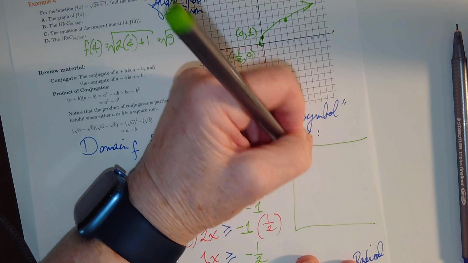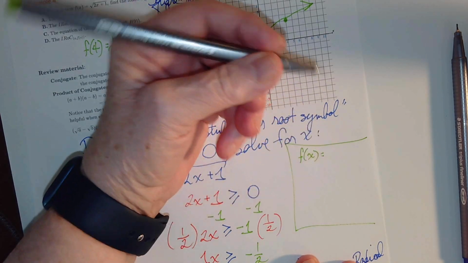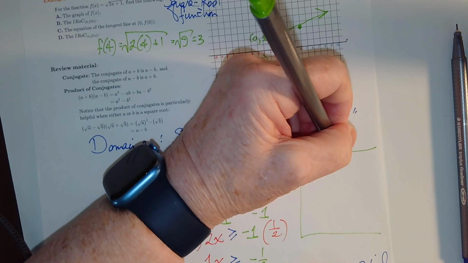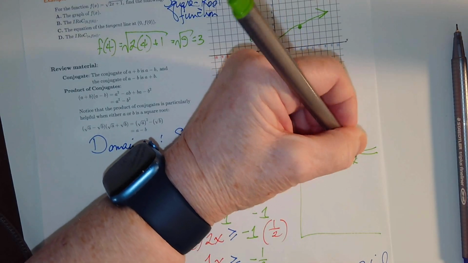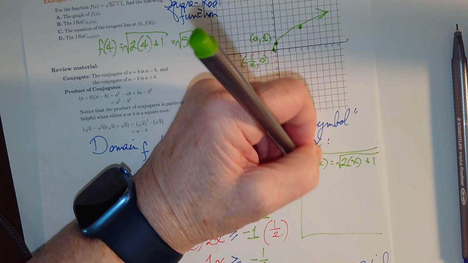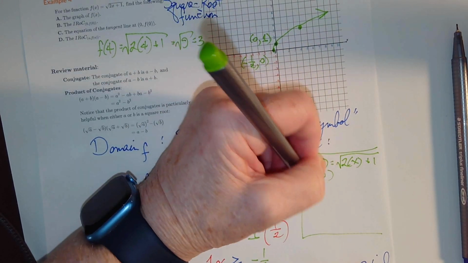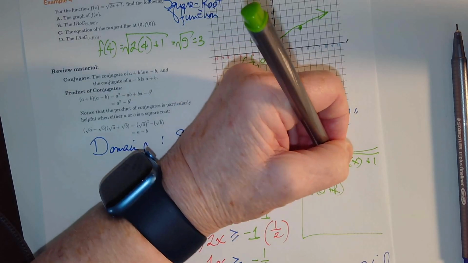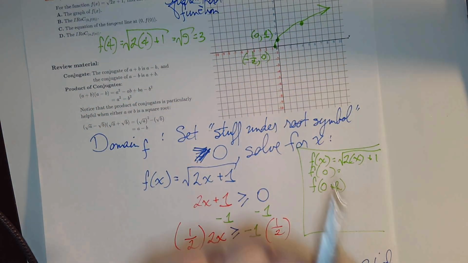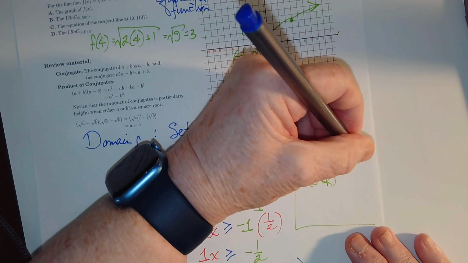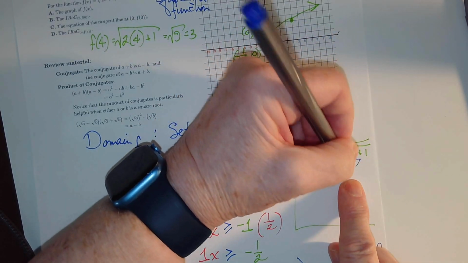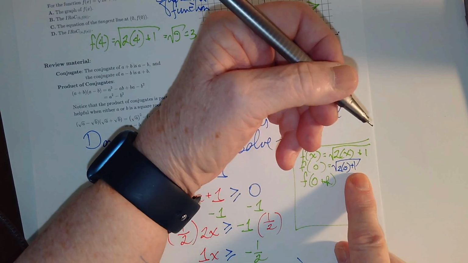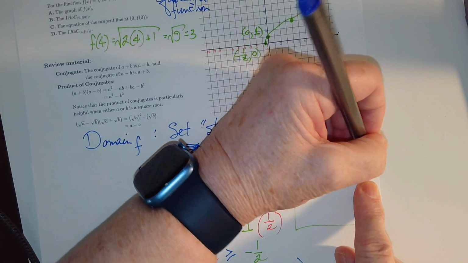So we have f of x is the square root of 2x plus 1. Then we have f of 0 and f of 0 plus h. And these are nicely easy. 2 times 0 plus 1 is just 1, and the square root of 1 is 1.